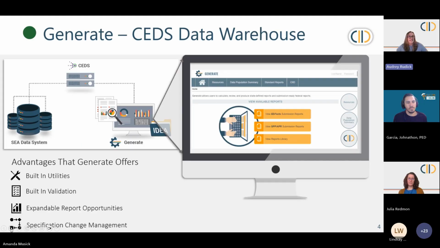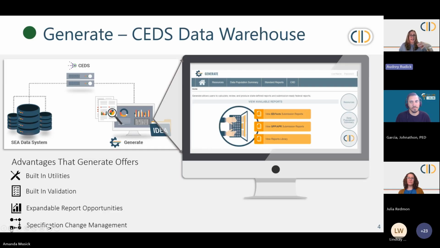Generate improves consistency across states for EDFACS data by aggregating data according to report specifications, processes that reduce manual reworking of the data. Generate also includes built-in utilities and validations to help ensure accuracy, test data once it's in the data warehouse, and provide numerous report options through reports designed to use standard data.